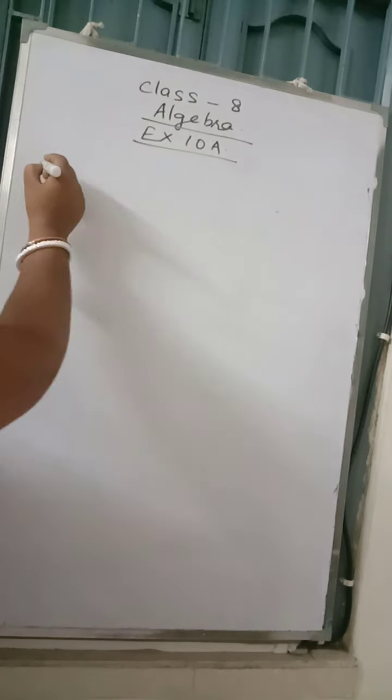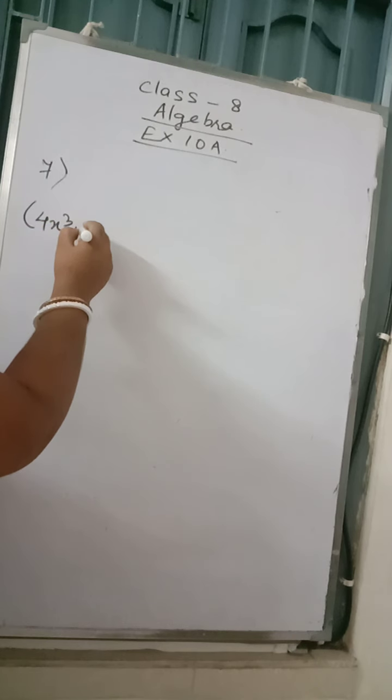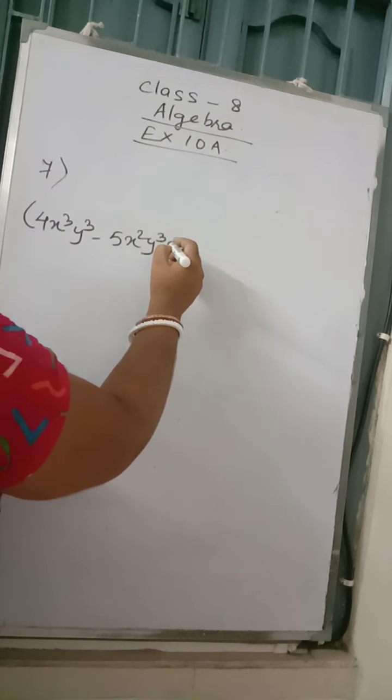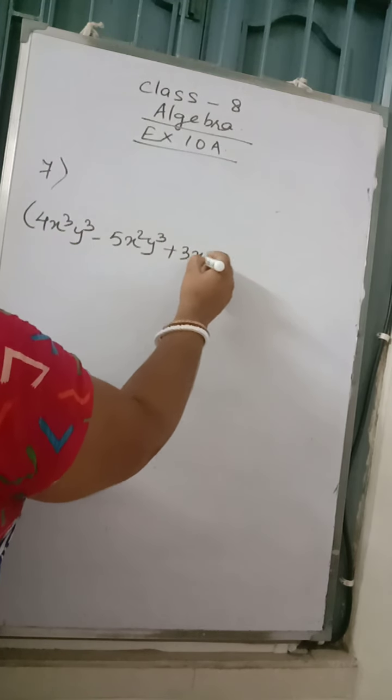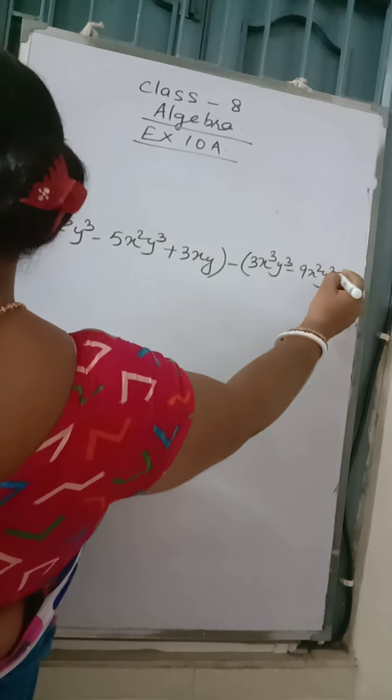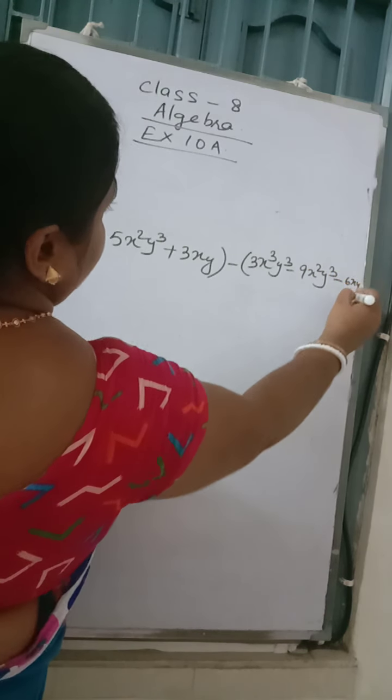4x cube y cube minus 5x square y cube plus 3xy minus 3x cube y cube 9x square y cube minus 6xy.